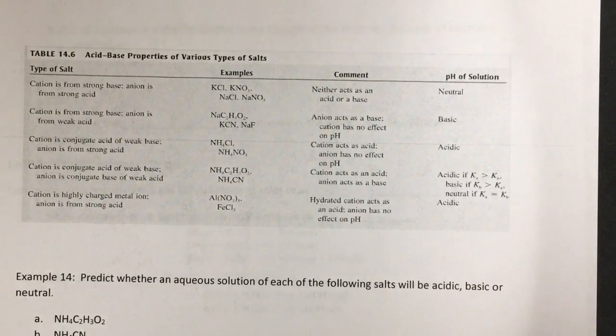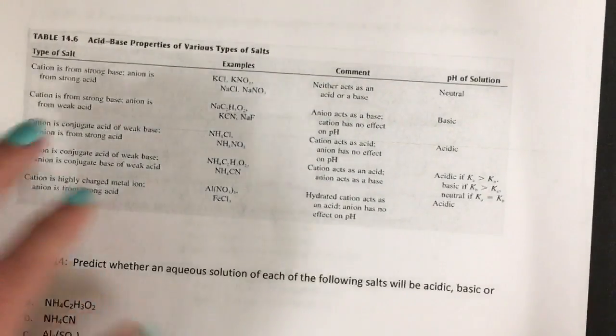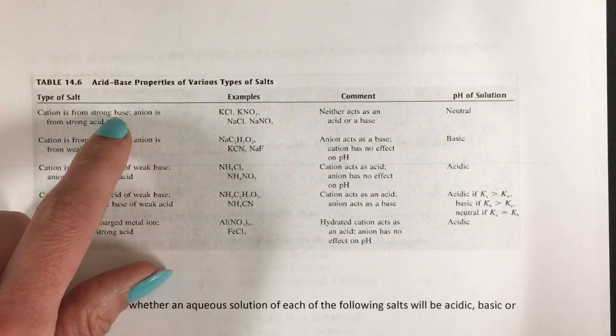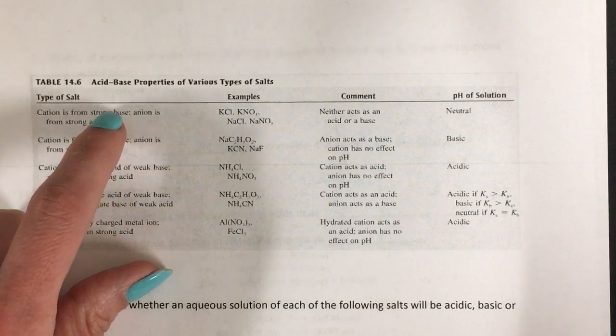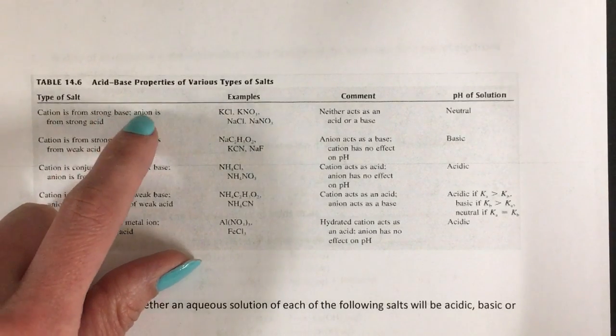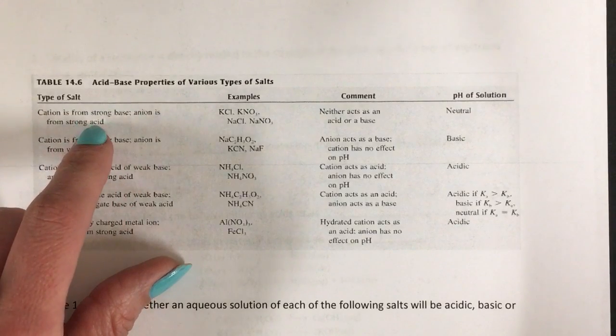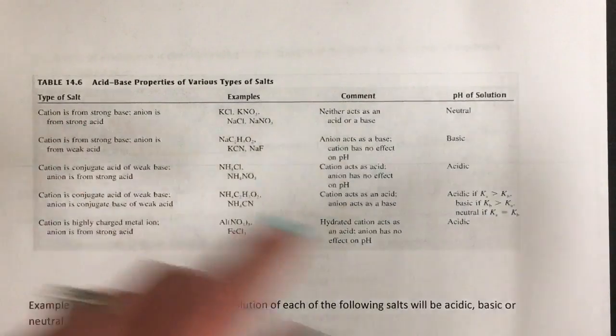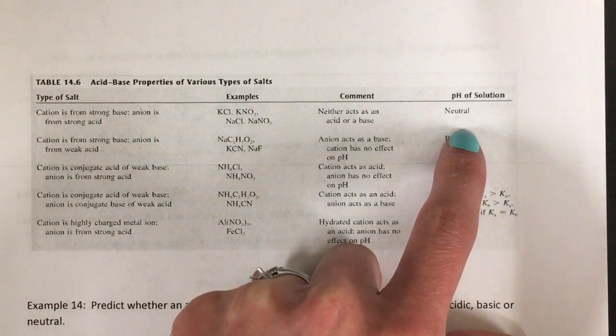So if I've got a salt, and my salt has the cation from a strong base, sodium, potassium, lithium, it is not going to affect the pH. If the negative ion is from a strong acid, hydrochloric, hydrobromic, hydroiodic, it won't affect the pH, since neither the cation or the anion affects the pH. My solution will be neutral.